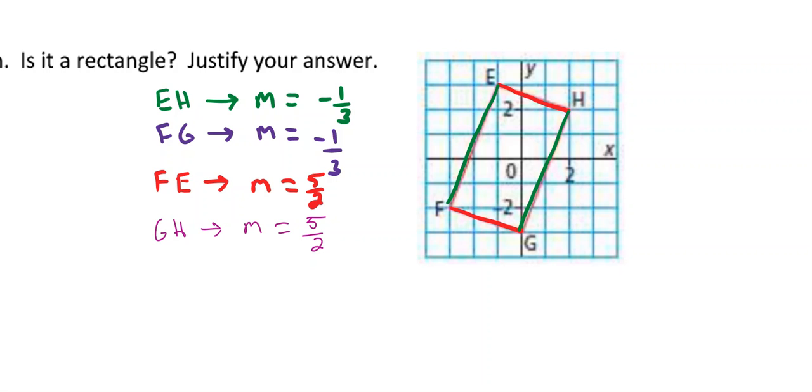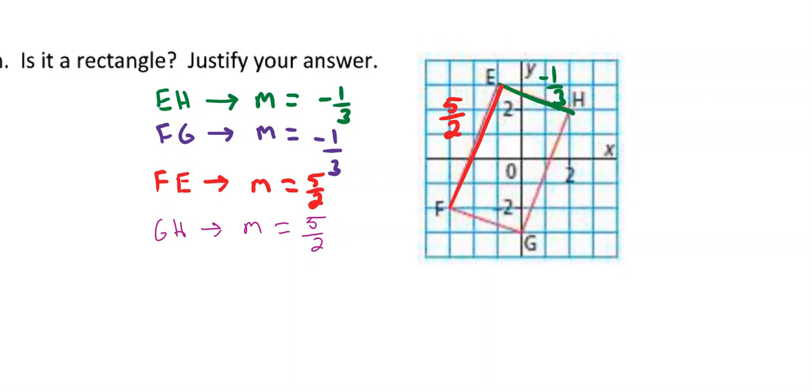If you had a box and it tipped over sideways, like it wasn't a very stable box, those sides would still be parallel to each other, but they wouldn't be at 90 degrees to each other. So how do I know that this one isn't at 90 degrees with this one? Well, the slope for E to H was -1/3, and the slope on FE was 5/2.